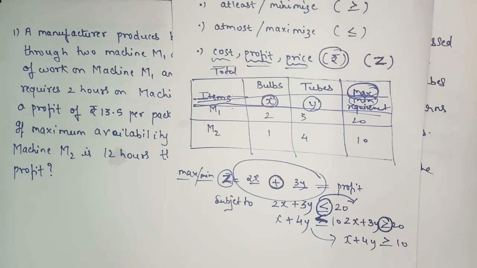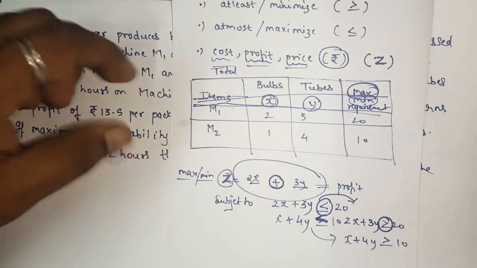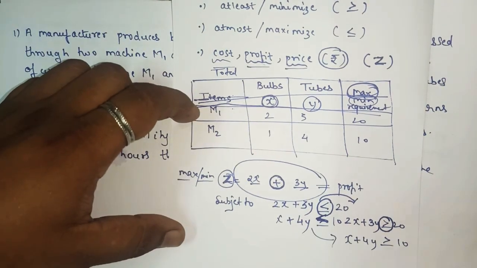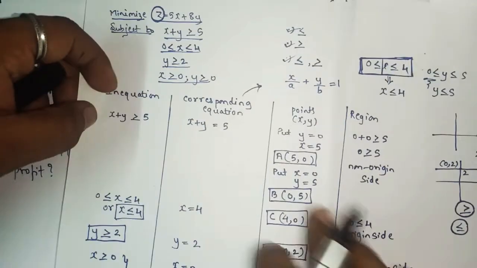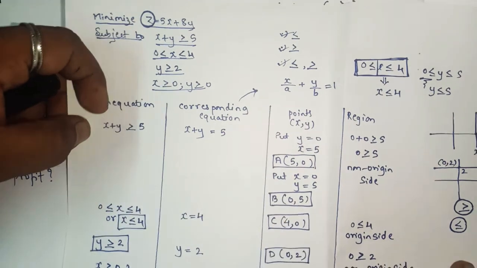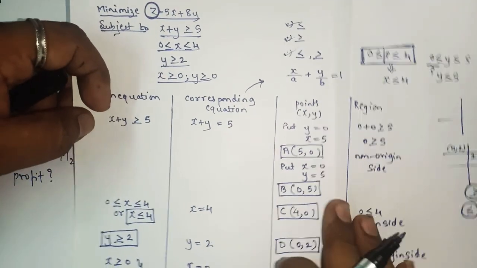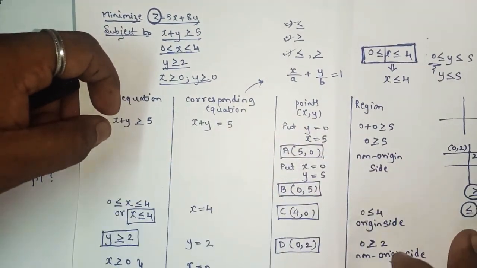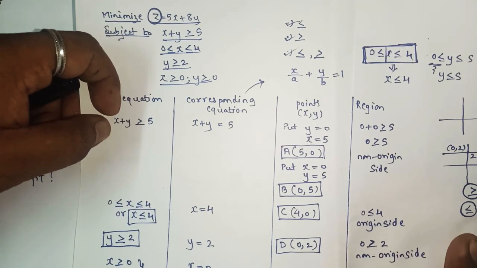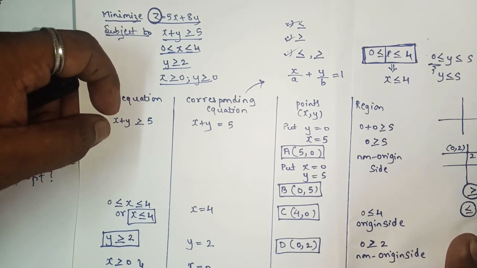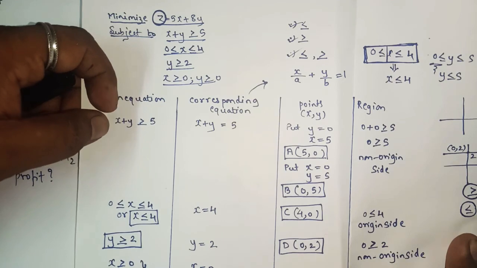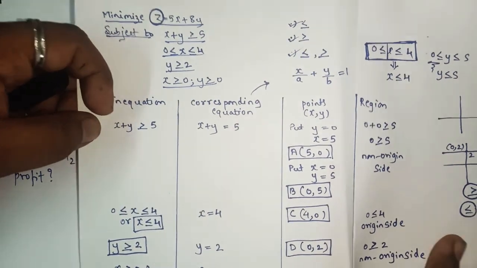Yes or no? Got the idea? And when you replace the values, when you prepare this table, suppose you have to find the answers, corner points also, feasible region also, you have to plot the graph.